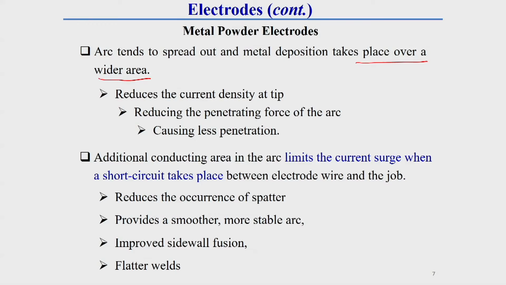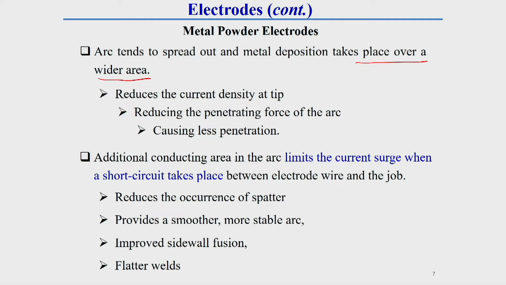Now, the additional conducting area in the arc generally limits the current surge when a short circuit takes place. Keep in mind that the current is flowing through this flux coating. So once a short circuit takes place, there is less current surge, that means the current rise will be slow, due to the higher conduction of current through the flux coating.